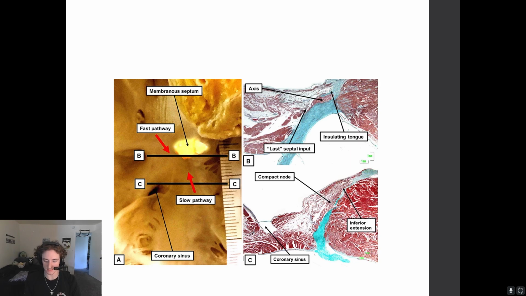Well, it suggests that it's involved with pathways with what type of conductive properties? If it's a longer interval, it suggests that it's involved with pathways specifically of slow conduction properties.